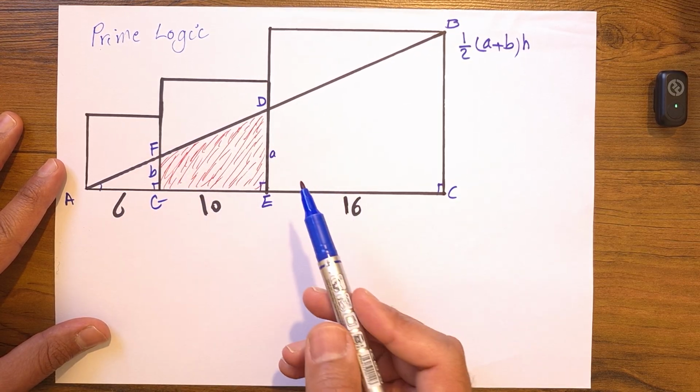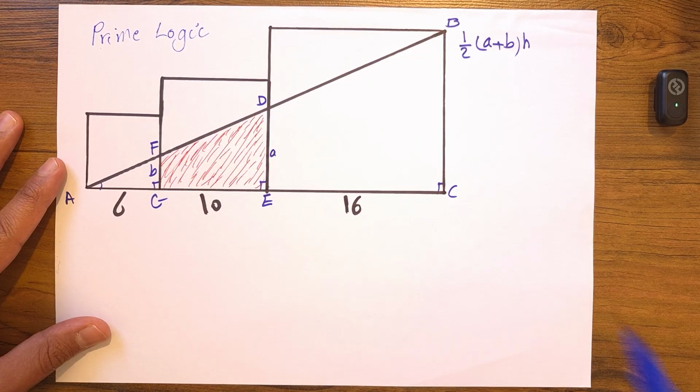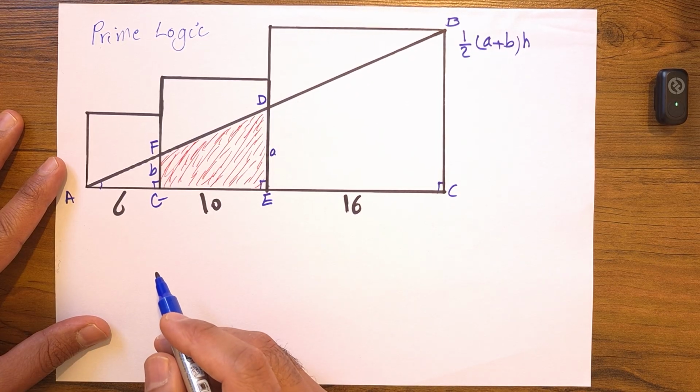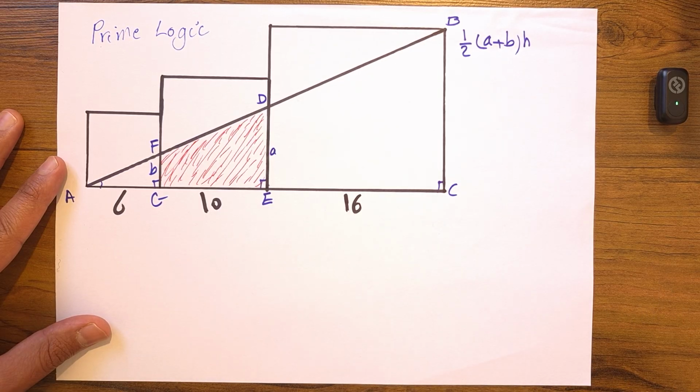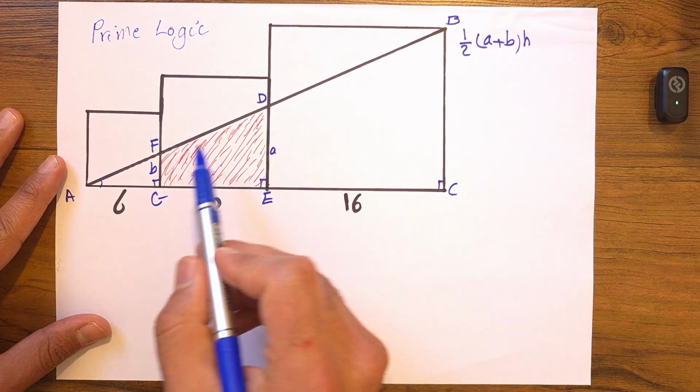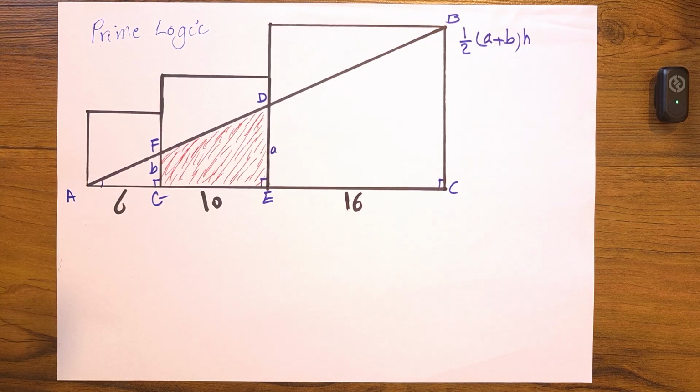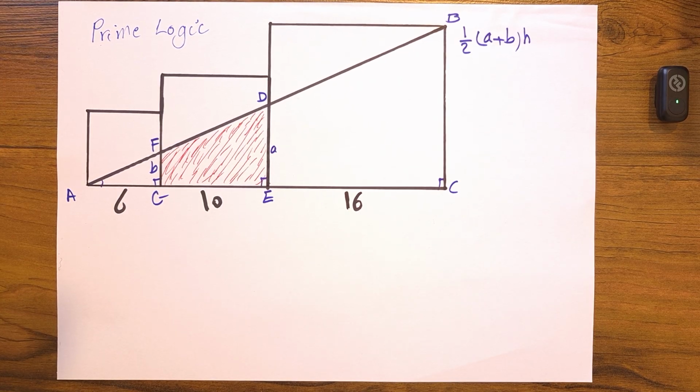Because they have two equal angles, all these triangles are similar, so we can write down proportions based on the corresponding sides, since they scale in a similar way.